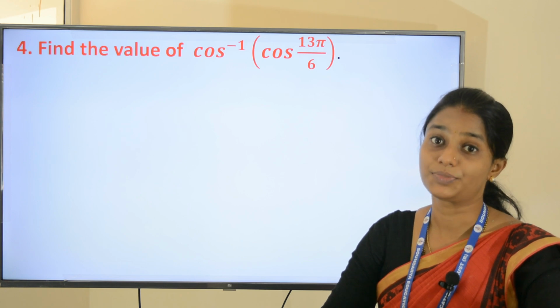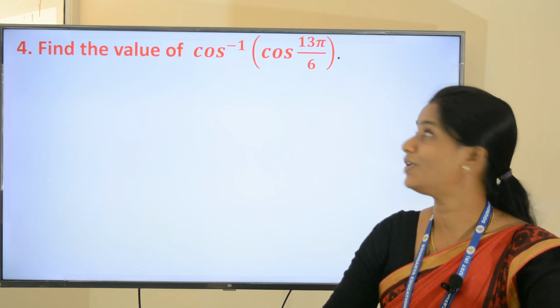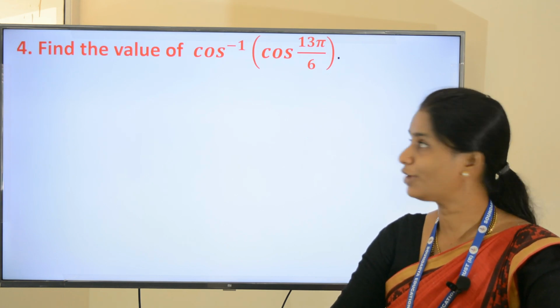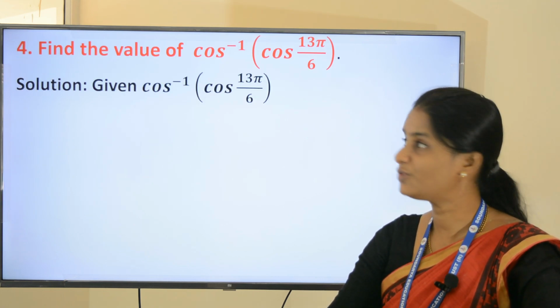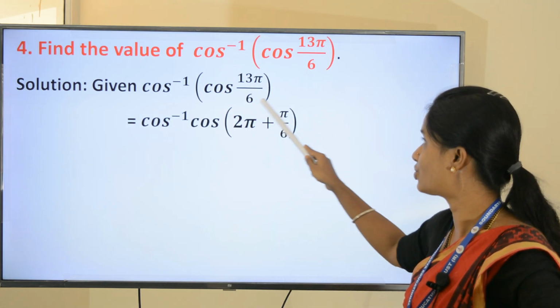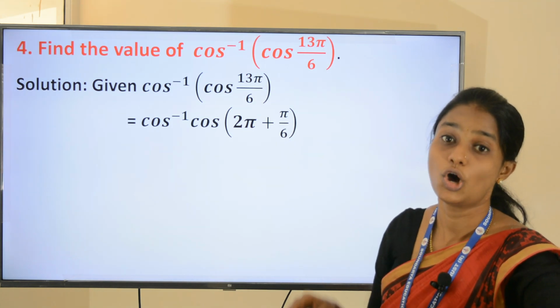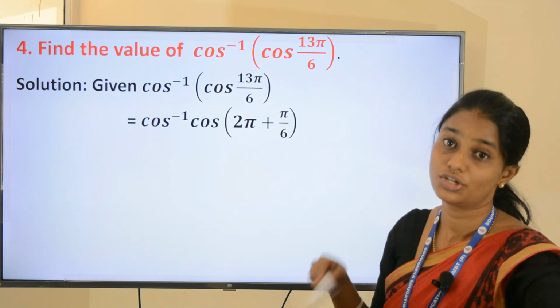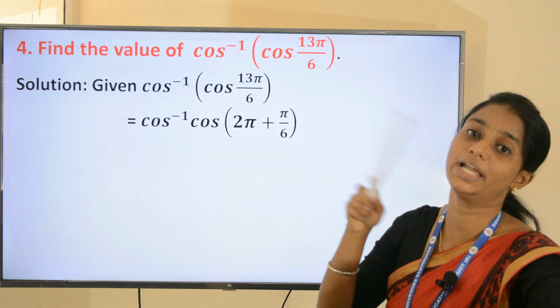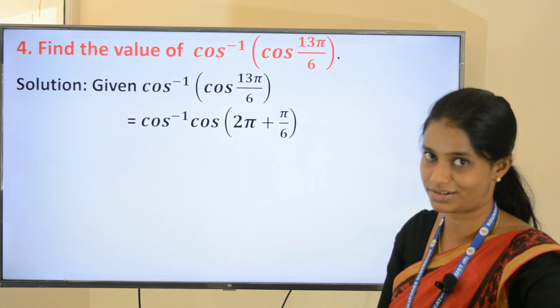No. 13 pi by 6 does not belong to the closed interval 0 comma pi. Therefore, first I will write the given function. Then 13 pi by 6 crosses more than 360 degrees, so after one complete rotation it will once again stop in the first quadrant only.